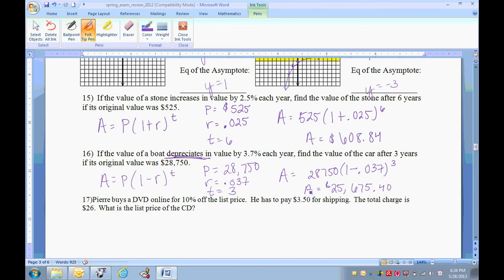Okay, so now looking at 17, it tells us Pierre's buying a DVD online for 10% off the list price. He has to pay $3.50 for shipping, and the total charge is $26. What is the list price of the DVD? Well, if he gets 10% off, that means he's paying 90% of the list price.